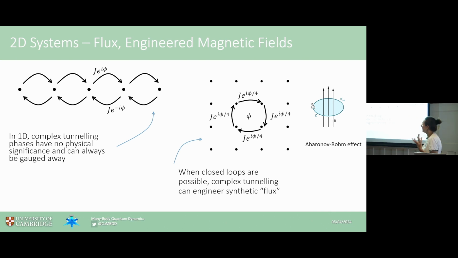This can engineer some synthetic flux, because this might remind you of what happens when you have an electron moving around a magnetic field. The electron will pick up a phase relative to the flux of the magnetic field that it encloses. So if we're able to engineer complex phases on tunneling elements, then we can synthetically simulate things like magnetic fields, even though we're dealing with neutral atoms.